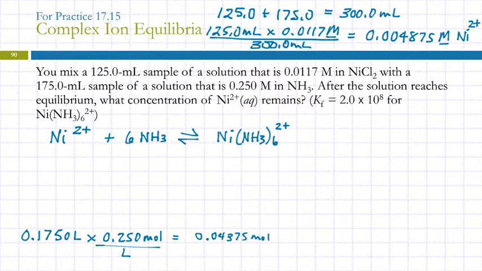And then to get the concentration, what do we do? Divide by the volume. The new volume is 0.3000 liters. So we take that and we divide by 0.3, and we get 0.1458 molar ammonia.